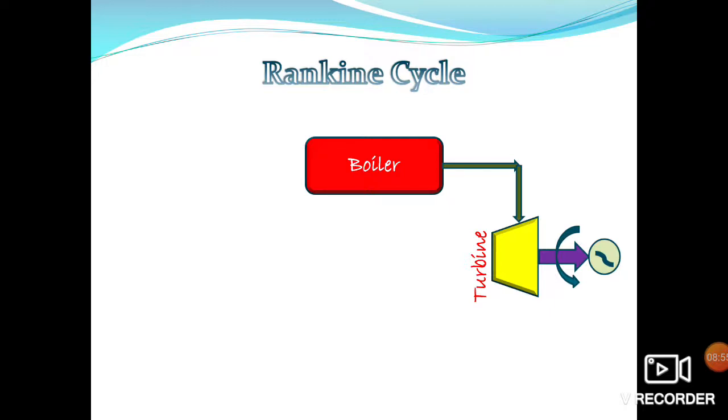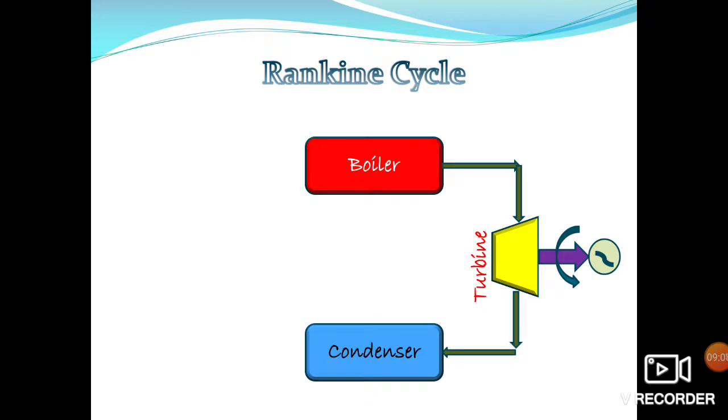So the exit steam from the turbine will have low pressure and low temperature and will be in liquid and vapor form. When this mixture gets into the condenser, there is a phase change. The condensation takes place and the vapor is converted into liquid by rejection of heat at constant pressure.